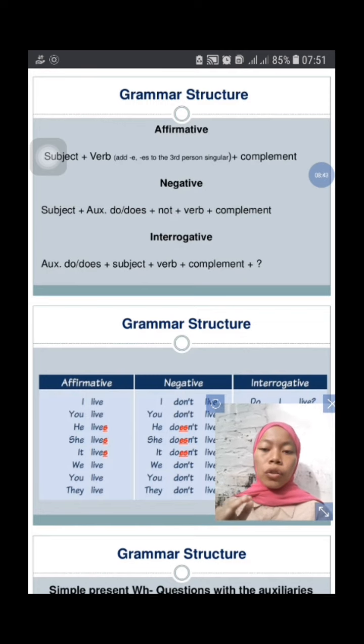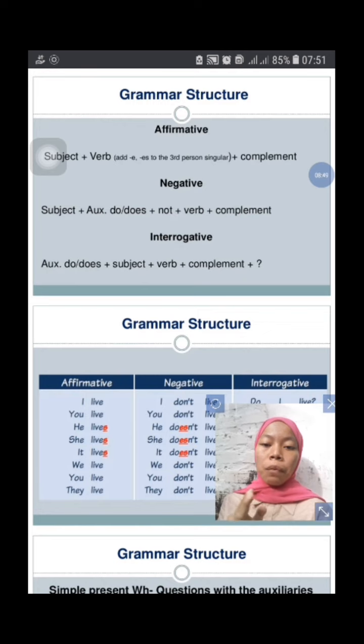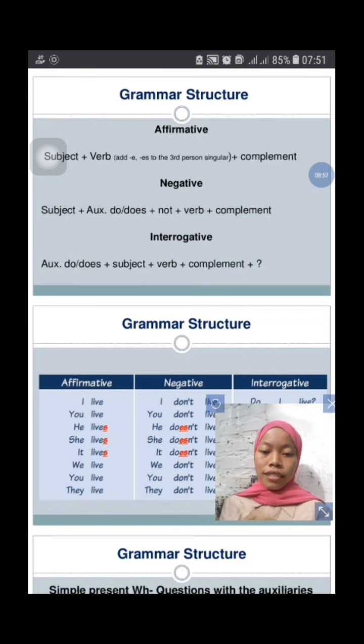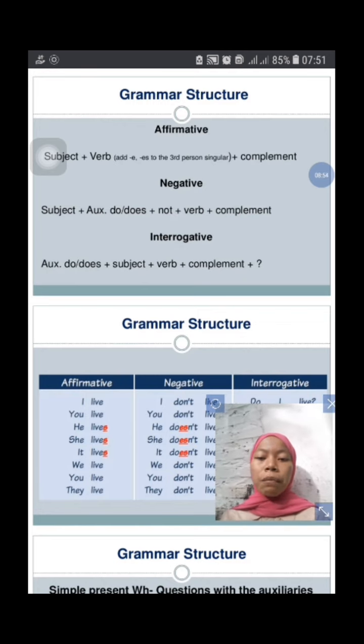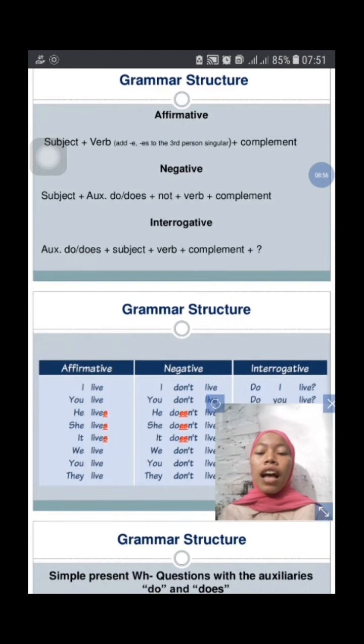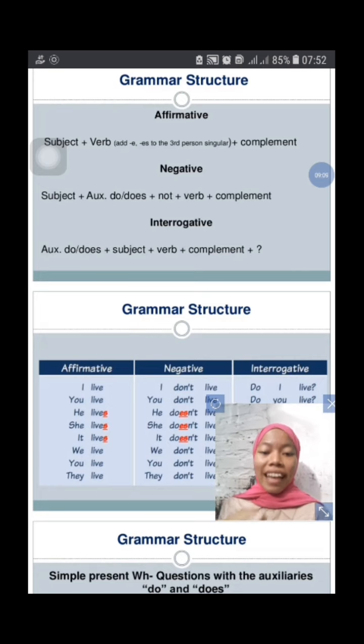Do is for I, you, they, and does is for he, she, it. The example for affirmative is I work every day. But if we use she, it becomes she works every day, work plus s.